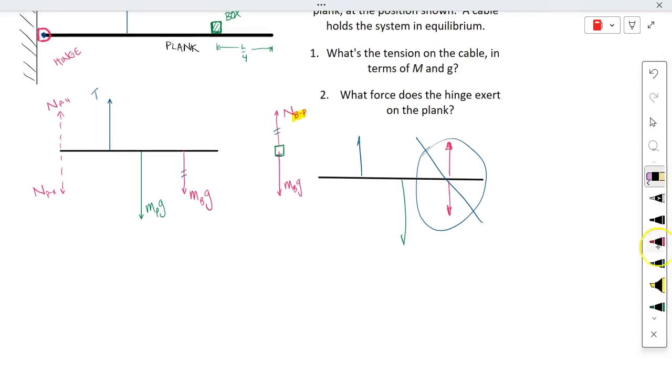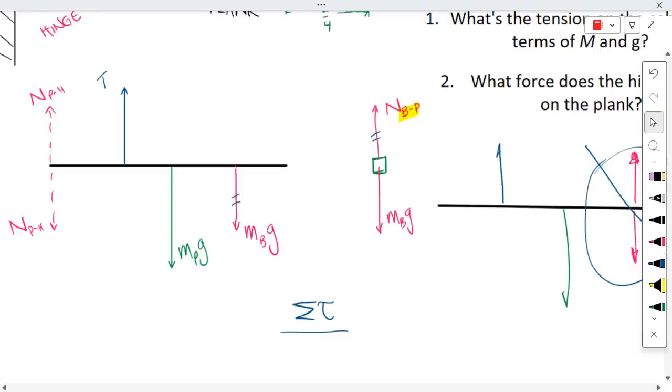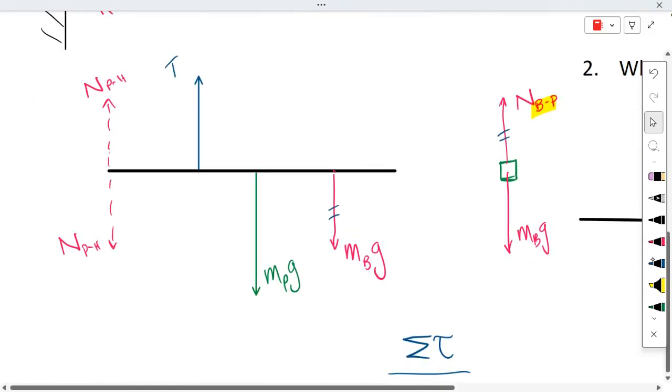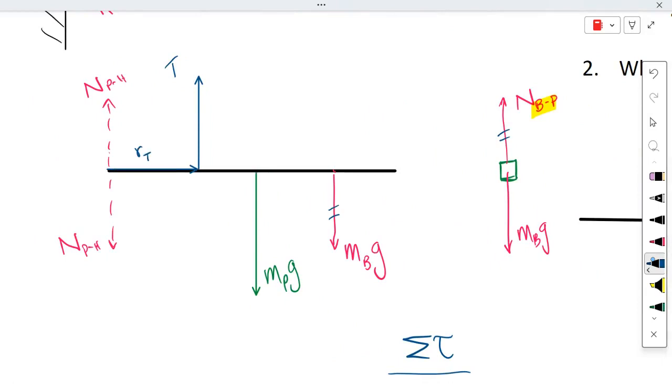Specifically, because I don't know what is going on with this force, I'm going to eliminate that force from my analysis by locating points of action of forces relative to that location.